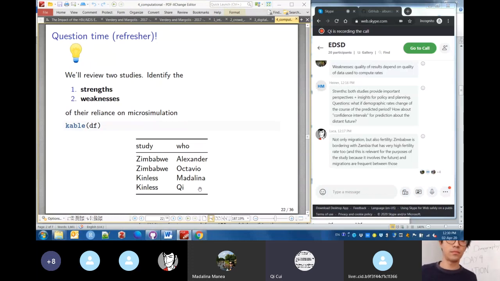But I also have one question about the method that they used. They used the population data, and they applied the population data to the individual level. I don't know how they can use this, because we know individuals have their own fertility, mortality, or marriage schedule. So that's my question.